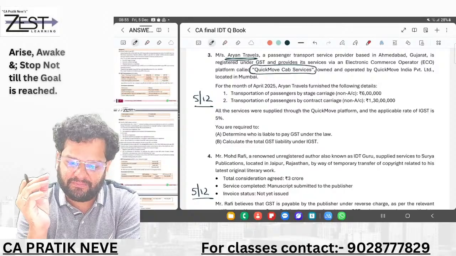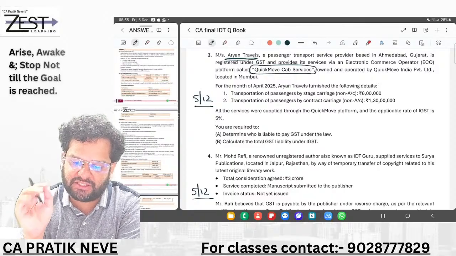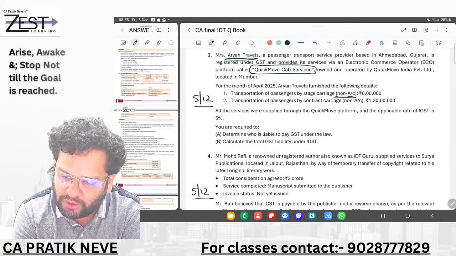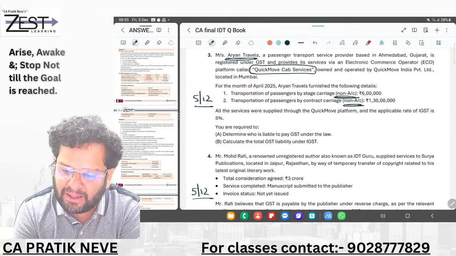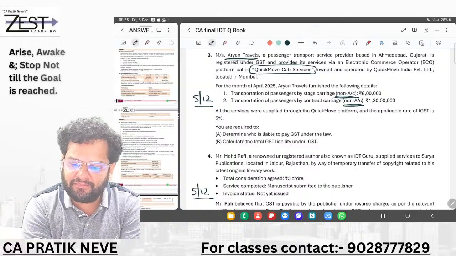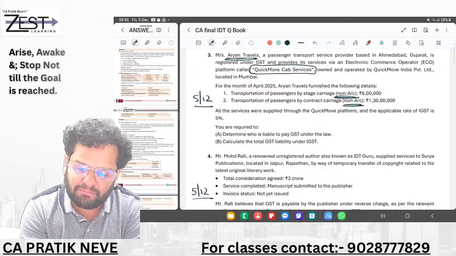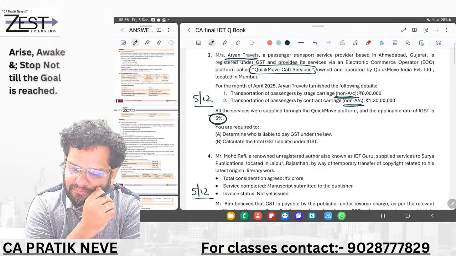So basically, now Quick Move Cab Services will be liable to pay GST. Let it be non-AC, doesn't matter. Let it be stage carriage or let it be contract carriage, doesn't matter. GST will become payable at 5%.